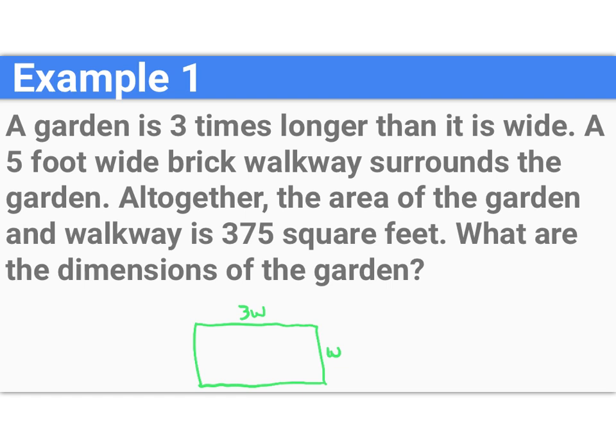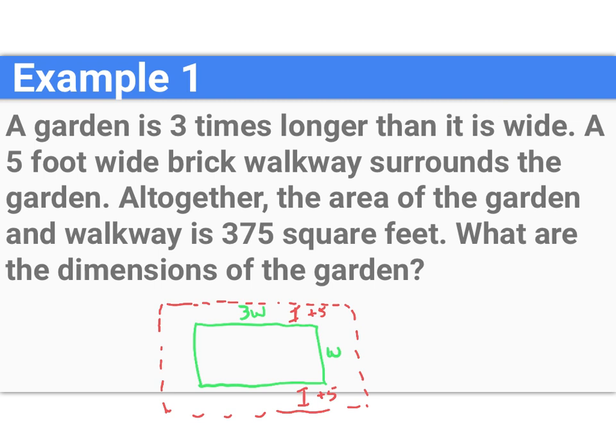So now we got a 5-foot brick walkway. Bricks can be red. Okay, so we put the brick walkway. So we got +5 on this side, and then +5 on this side. So this distance is 5, and this distance is 5.